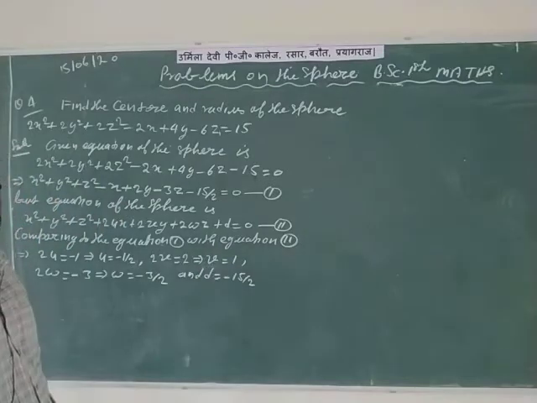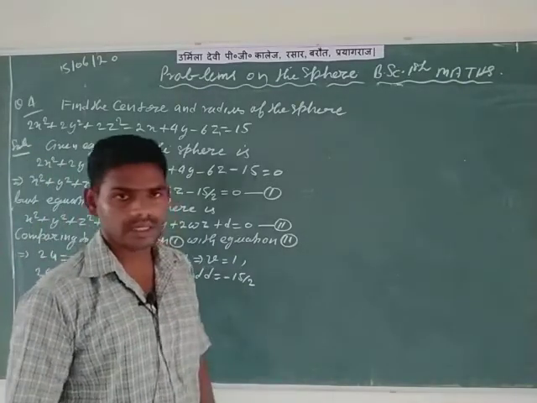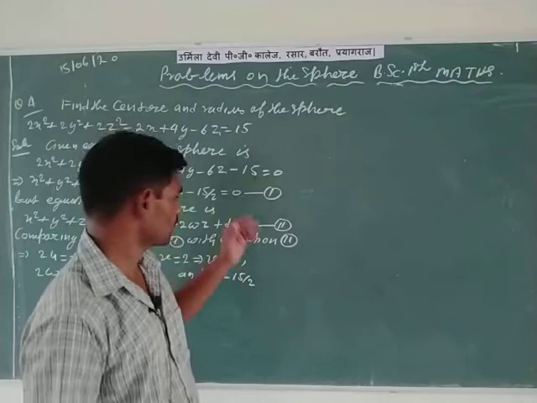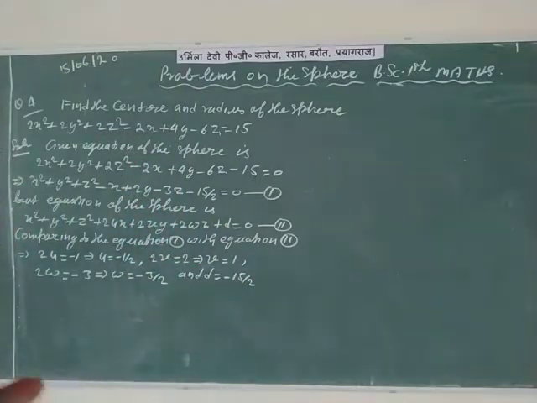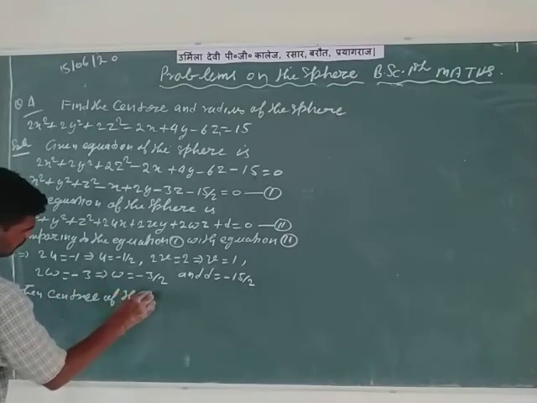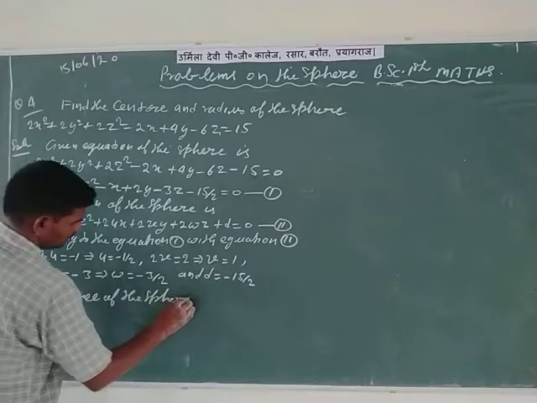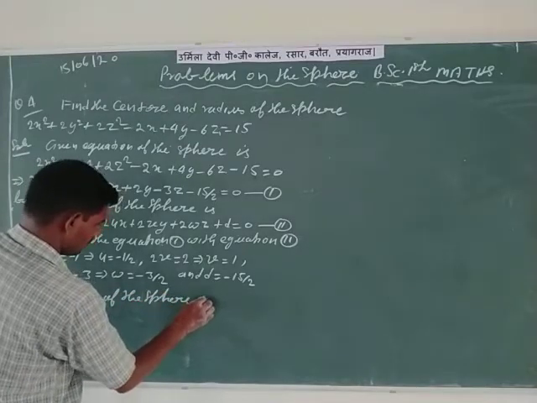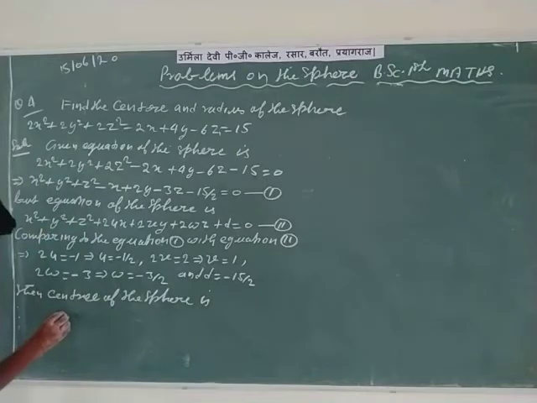Then by the formula of the center and radius of the sphere, the center of the sphere has coordinates minus u, minus v, minus w.